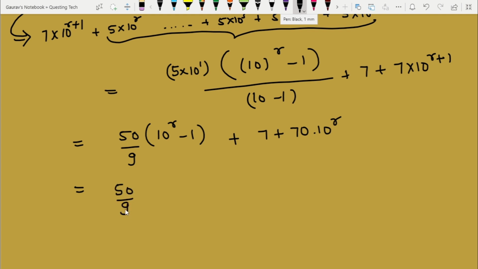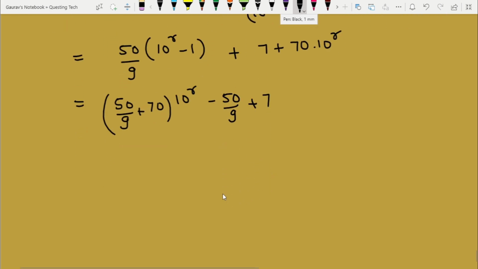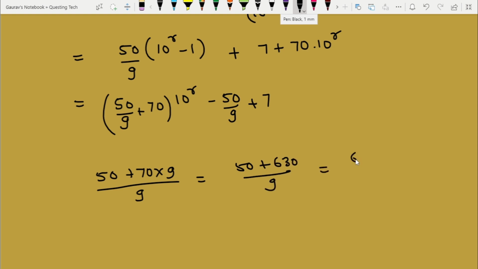50 divided by 9 plus 70, multiplied by 10 raised to power r, minus 50 by 9 plus 7. Okay, so what is this number? 50 plus 70 multiplied by 9, divided by 9, is 50 plus 630 divided by 9, which equals 680 divided by 9.